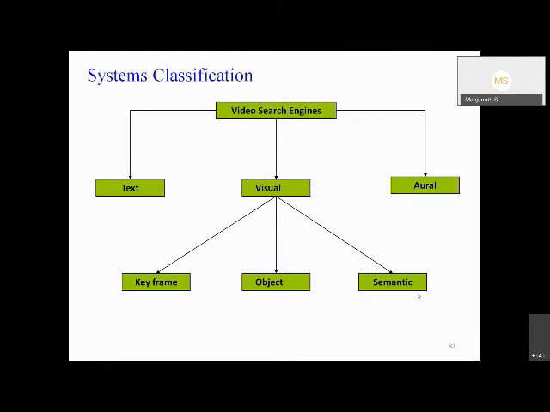So let us see how video search engines, meaning video database management systems, work. Normally we have three categories of search engines. One is text based. This is what we normally use in YouTube or in Google search or AltaVista or something.